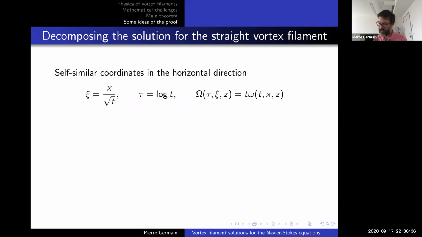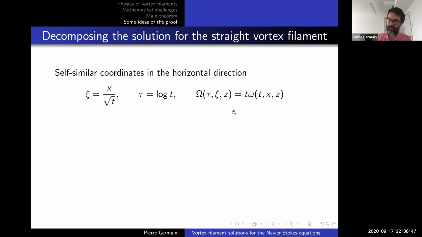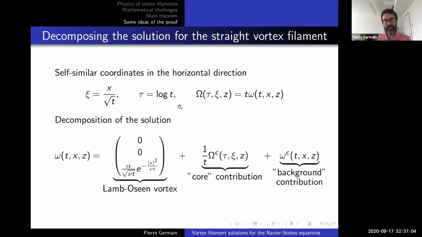The horizontal coordinate is x, and to this horizontal coordinate we apply this self-similar scaling. As far as the vertical coordinate goes, we leave it untouched. This makes sense because this Lamb-Oseen thickening is only happening in the horizontal direction. And now we decompose the solution into three pieces. The first piece is the Lamb-Oseen vortex. And then there are two other pieces.